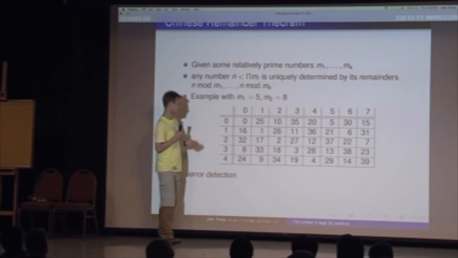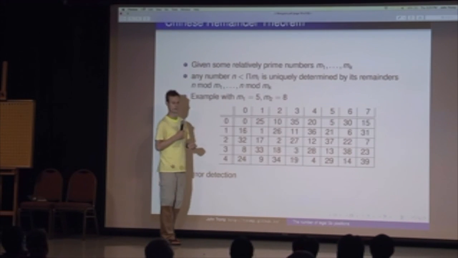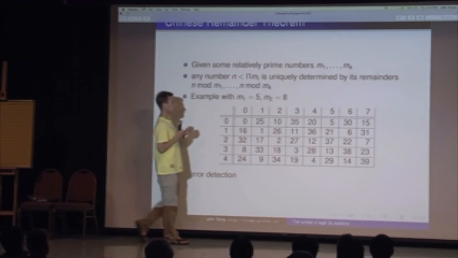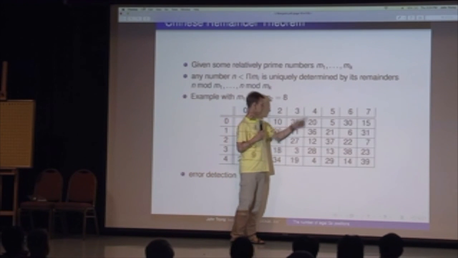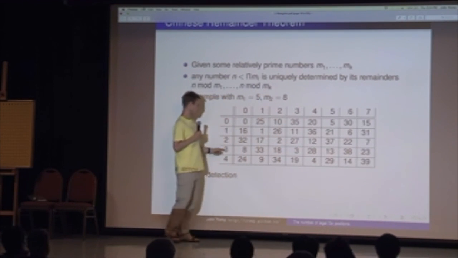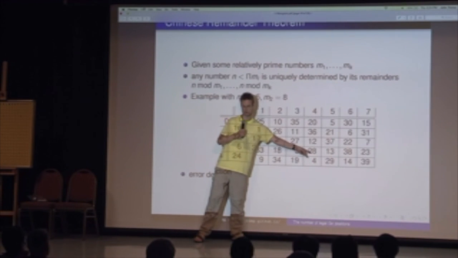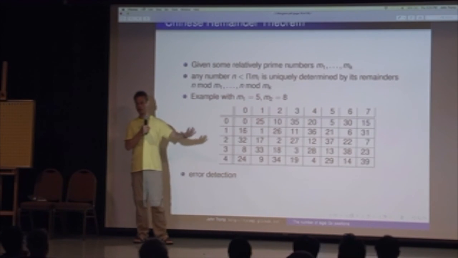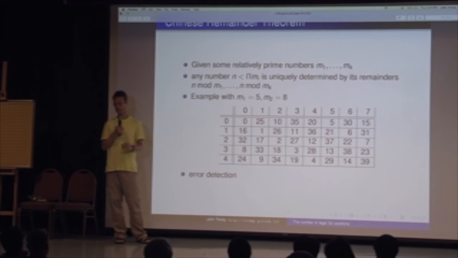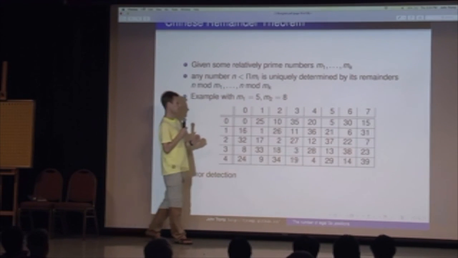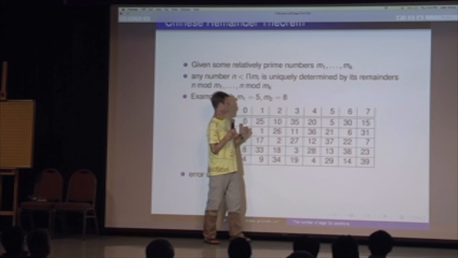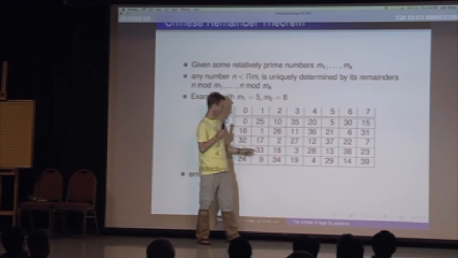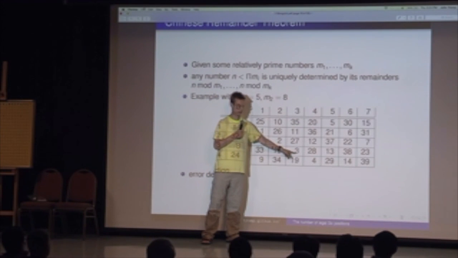So if you have, let's say, an unknown number n, and you want to know what it is, you compute n modulo 8, and you see it's 4. You compute n modulo 5, you see it's 3. Then you can determine it was 28. The nice thing about this is that if one of your remainders is off by a little bit, let's say you computed n modulo 8 to be 3 instead of 4, then when you try to recompute the result, you conclude n was 3 instead of 28.